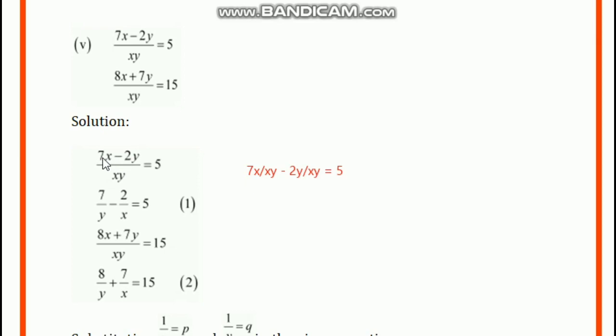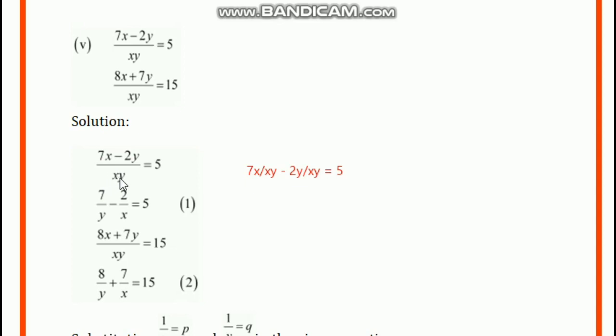So the first equation is (7x minus 2y) divided by xy equal to 5. How to convert into general form? Here the denominator consists of xy, the product of two variables. Actually, we need to remove this. We cannot substitute any other variables for this one. So which is the better way?